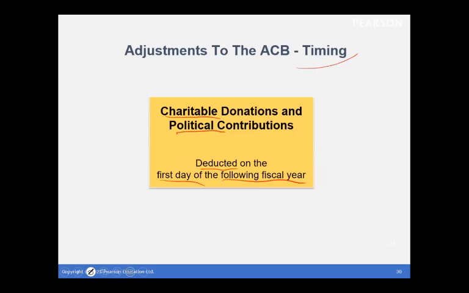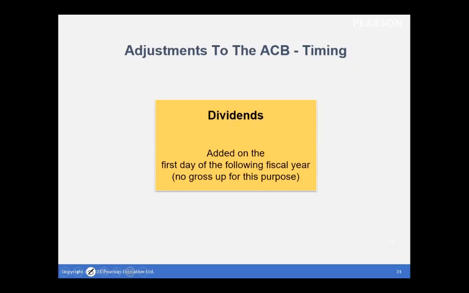So that's just a timing thing, but it can be important. Dividends, same thing, added on the first day of the following fiscal year. And there is no gross up when we do this. Not for this purpose.